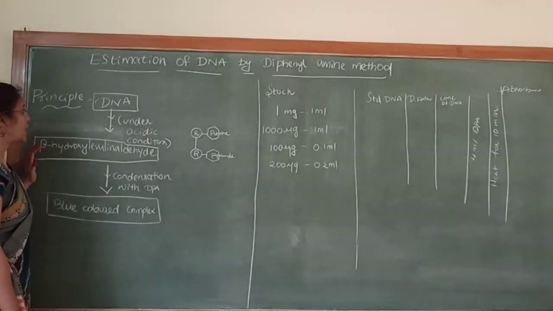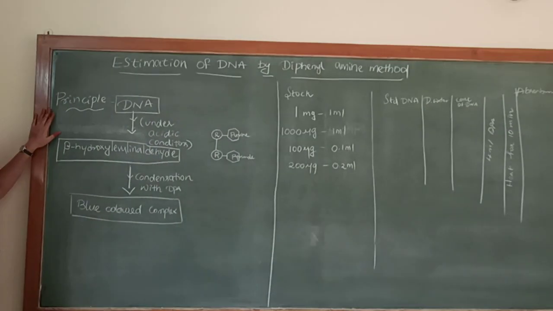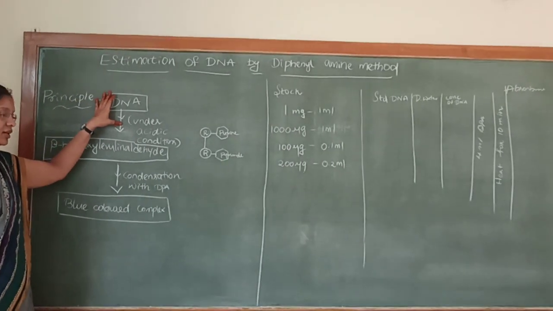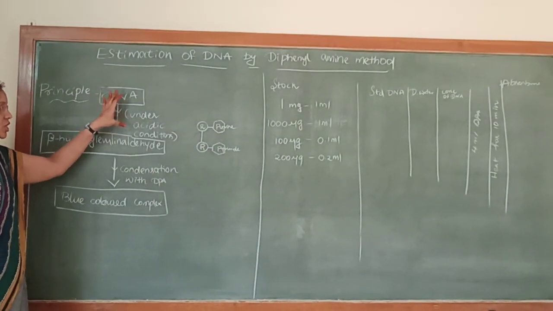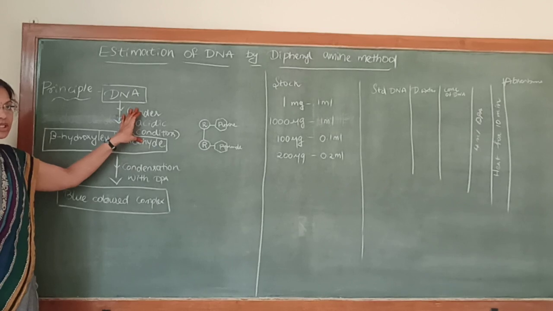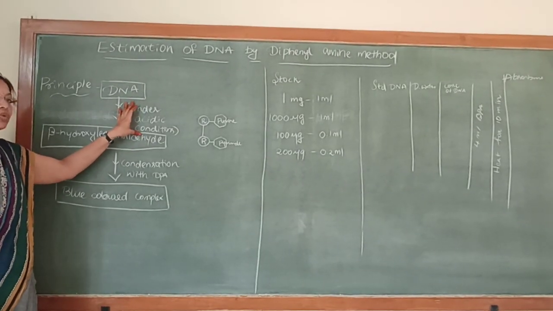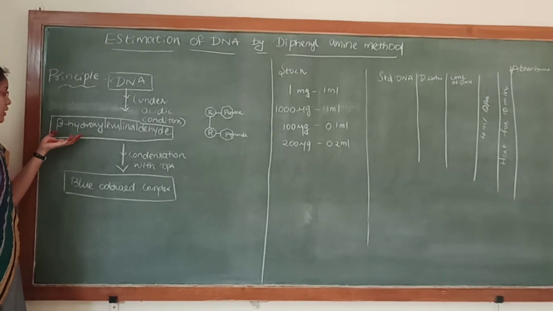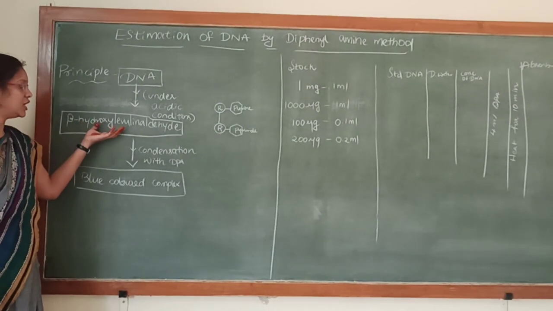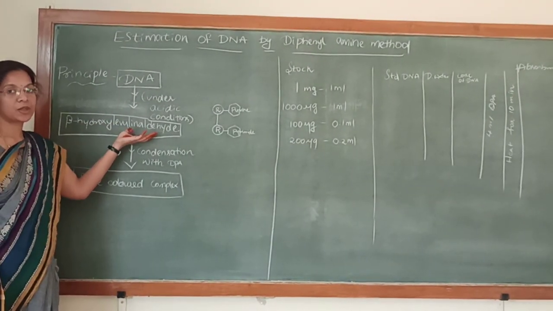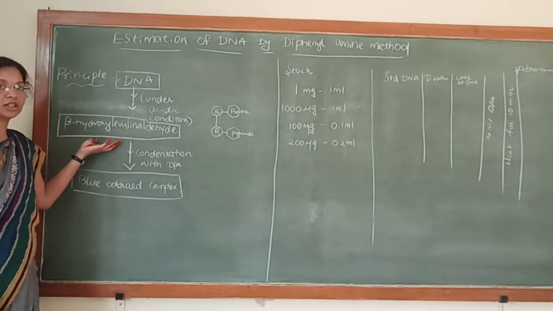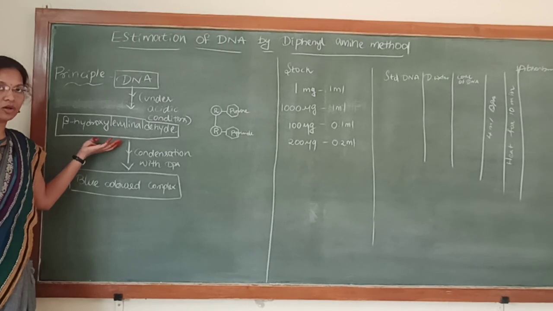So let me start with the principle. The principle is very simple. Whenever you have DNA, especially under acidic conditions, it is going to get converted into an aldehyde compound, that is beta-hydroxylevulinaldehyde. So under acidic conditions, DNA will get converted to an aldehyde compound.